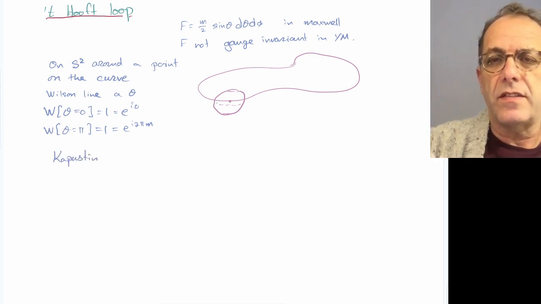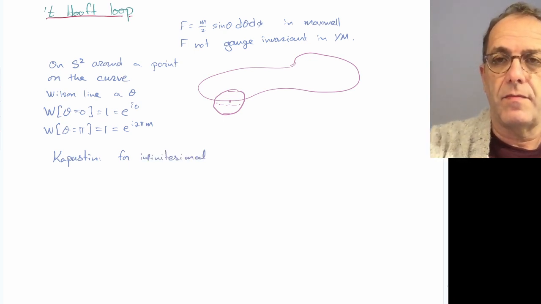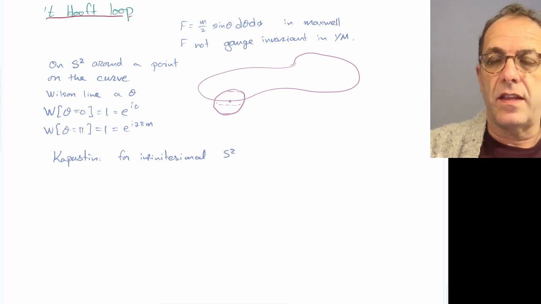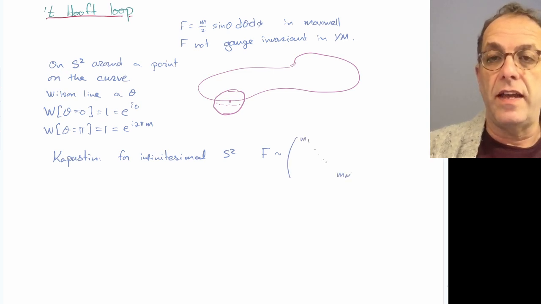Kapustin defines the 't Hooft loop in terms of an infinitesimal sphere close to the line, and he demands that the field configuration approach that of a Dirac monopole up to a gauge transformation in the vicinity of the line.